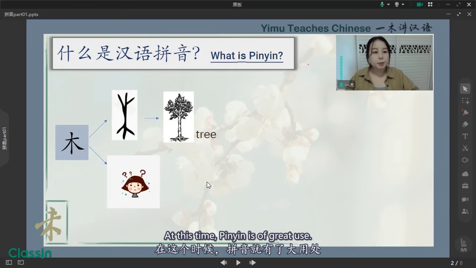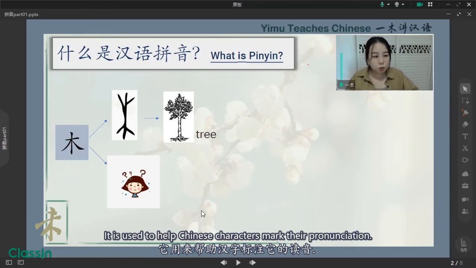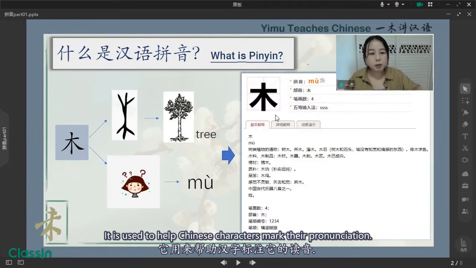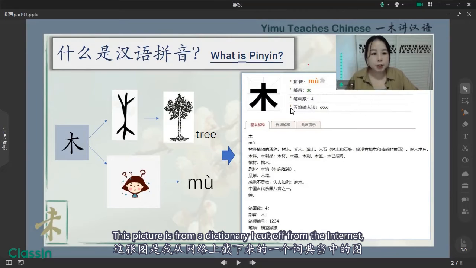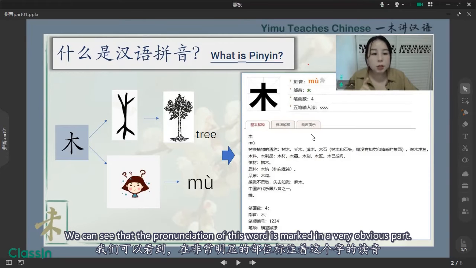At this time, pinyin is of great use. It is used to help Chinese characters mark their pronunciation. This picture is from a dictionary I cut off from the internet. We can see that the pronunciation of these words is marked in a very obvious part.